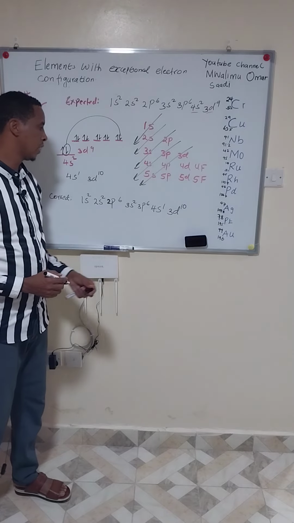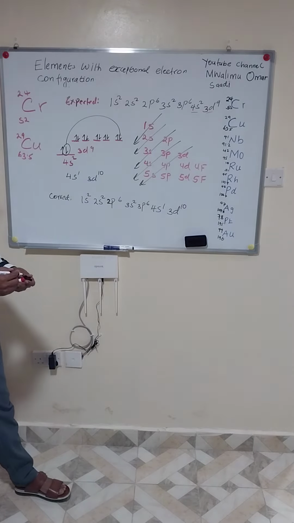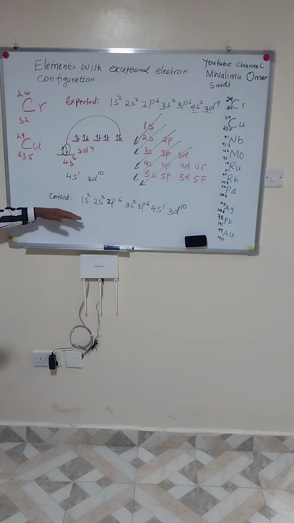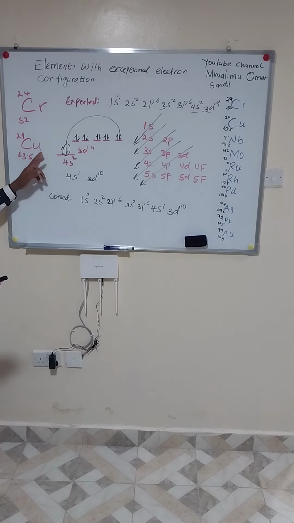So in this way now, the d orbital is filled and it is more stable. So this is now the correct way of writing the electron configuration of copper.